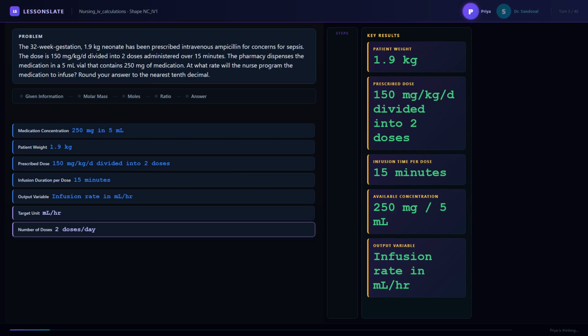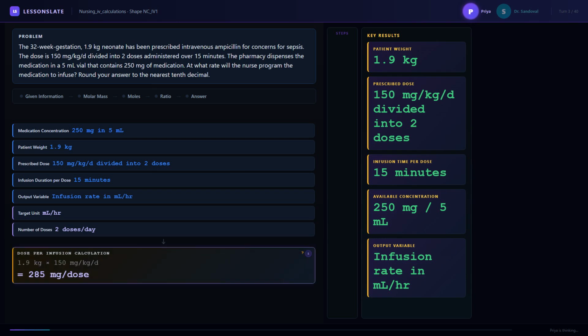The pharmacy vial has 250 milligrams in 5 milliliters, and we need to find the rate in milliliters per hour. I think the first step is to figure out the total dose for the patient per day. So 1.9 kilograms times 150 milligrams per kilogram per day. I got 285 milligrams for each infusion, right?